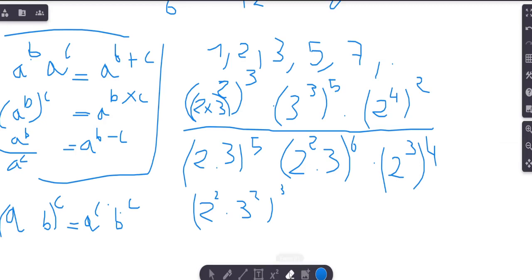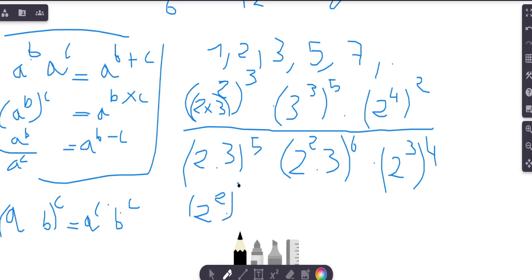So I'm going to rewrite here: we have 2 square to the 3 multiplied by 3 square to the 3. Okay, so now we have rewritten 2 times 3 square to the exponent 3.